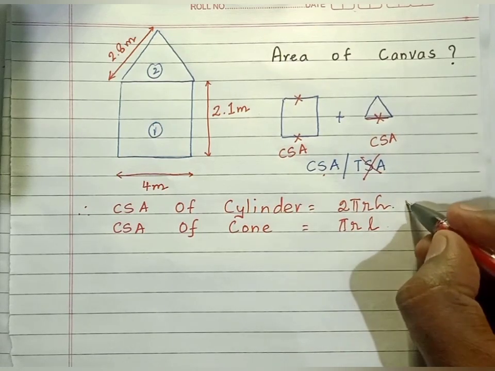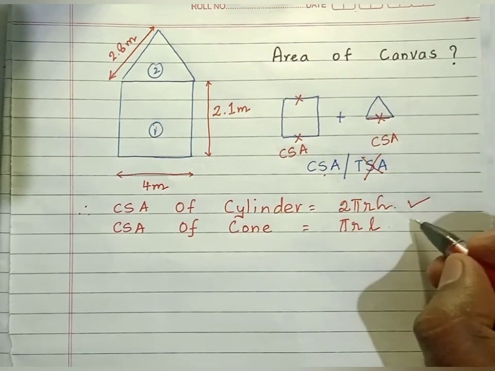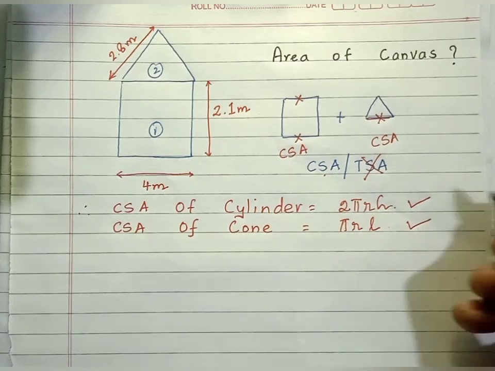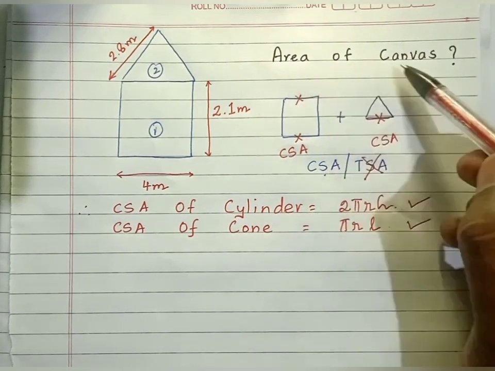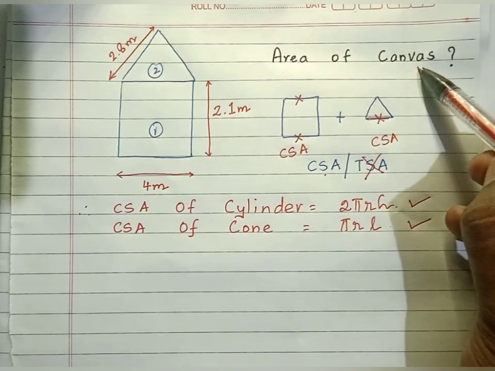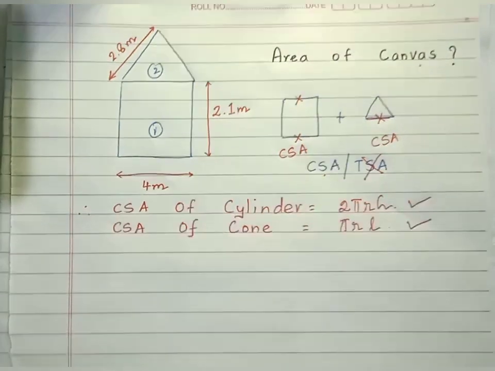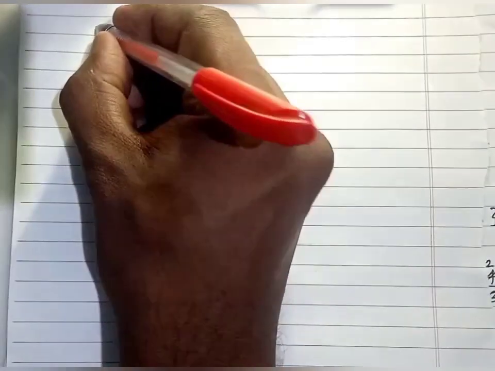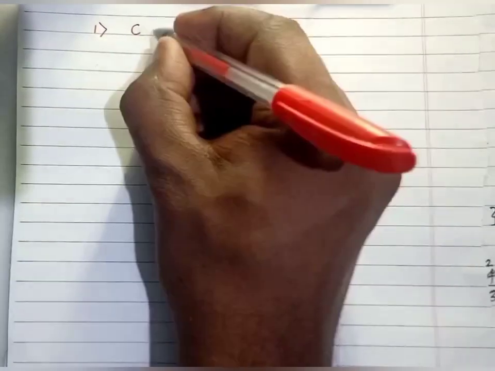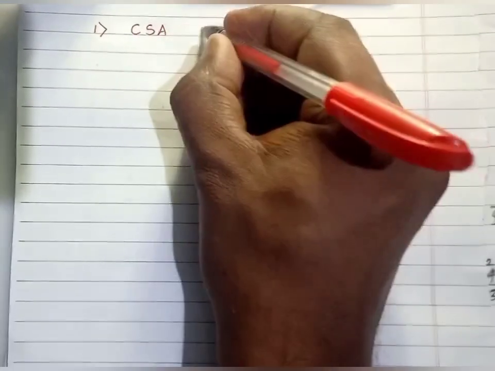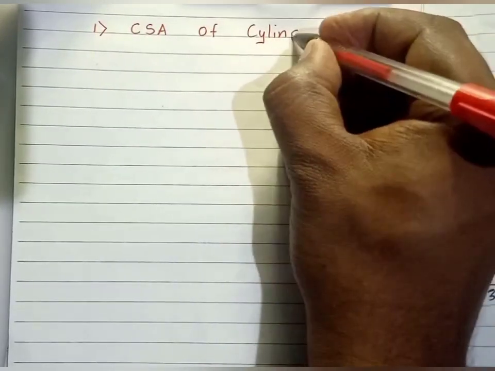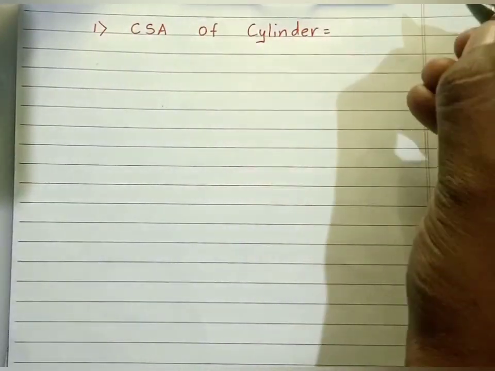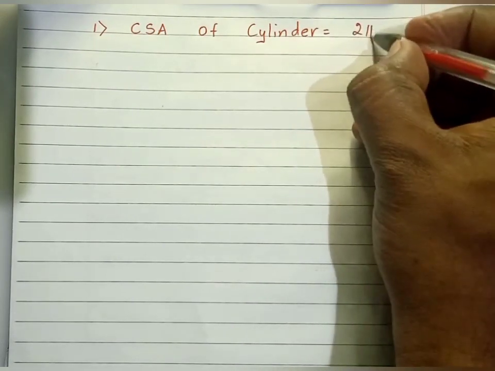So CSA of cylinder is 2 pi r h, CSA of cone is pi r l. Now what I'll do, I'll calculate the CSA of cylinder and CSA of cone separately, then I'll add. Now first part, I'll find out the CSA of cylinder. What is CSA of cylinder? That is 2 pi r h.